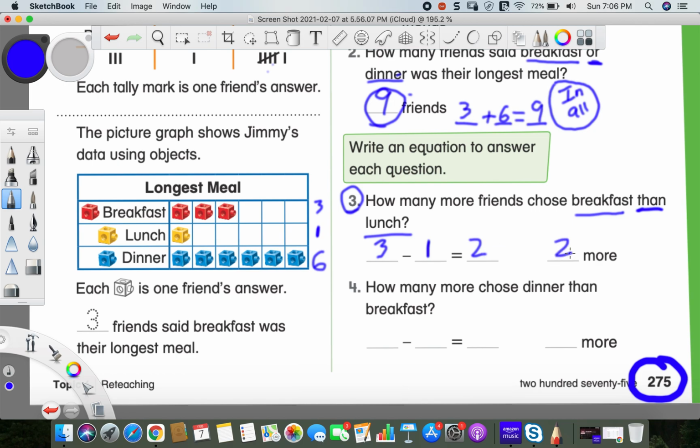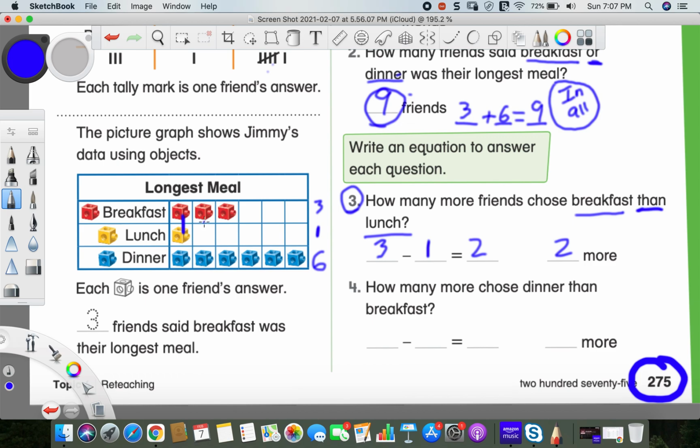Now the way I like to do this, because to me it just makes sense, maybe it'll help you out and make sense for you also. Now when I have a picture graph like this, I call it the holding hands method. Now we're comparing breakfast and lunch. All right, well, let's have them hold hands when they're next to each other. Breakfast and lunch are holding hands.